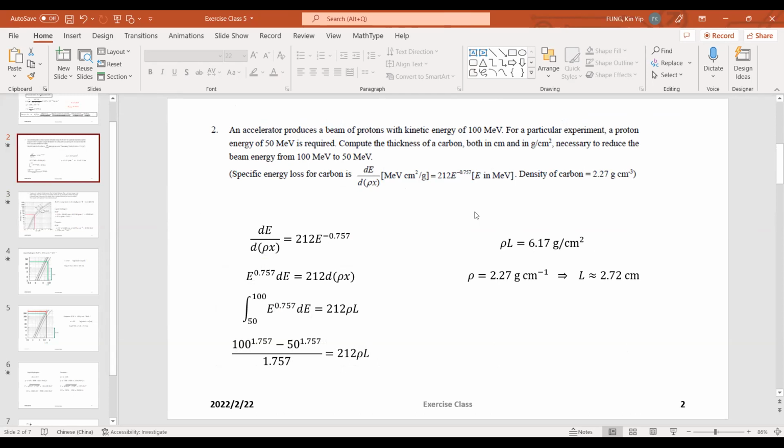And why is it such a strange exponent, like 0.757? Is it just a curve that you get from regression, and then you just randomly fit a power exponent to it? Or is there an analytical form for it?